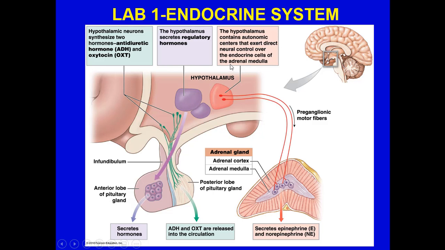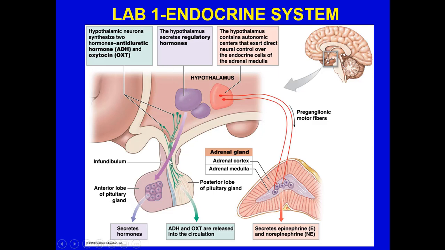The hypothalamus will also control, via the preganglionic motor fibers of the autonomic nervous system, the adrenal gland, particularly the adrenal medulla, which will release epinephrine and norepinephrine at a 4-to-1 ratio. Notice the long axons here from the hypothalamic neurons that eventually terminate here in the posterior lobe of the pituitary gland, and that is where you get ADH and oxytocin released into the circulation.